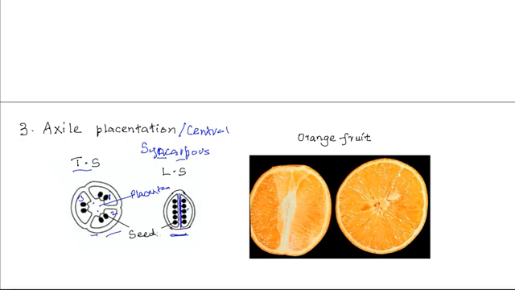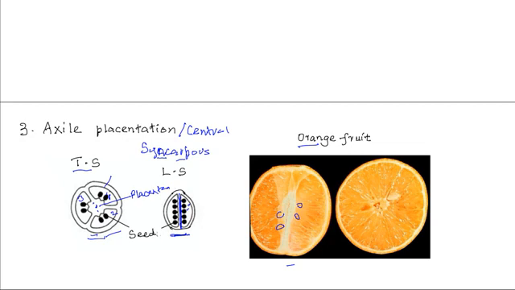And then the seeds or the ovules are attached to it. So this is the transverse section, the placenta at the center, and these are the seeds or the ovules. And then here is the longitudinal section. A good example is found in the citrus fruits such as the orange. So the seeds will be located here. These are not so clear, but these are where the seeds will be located.